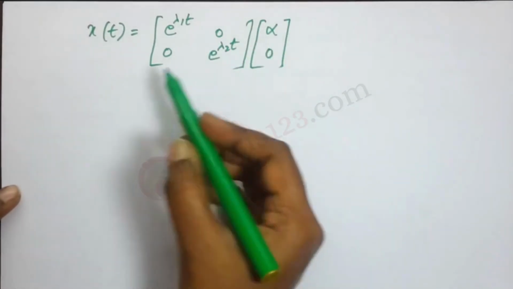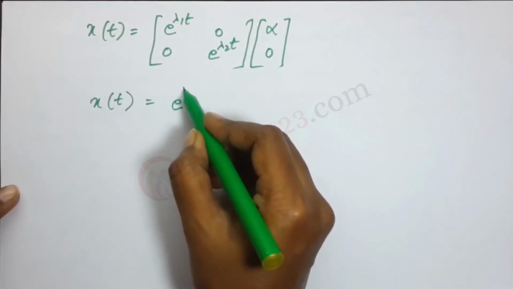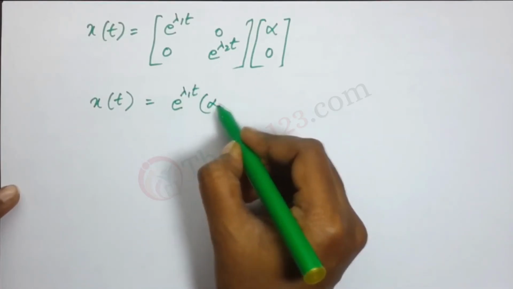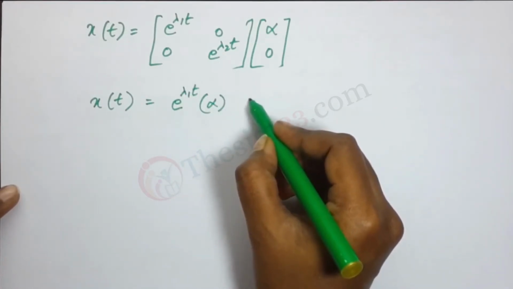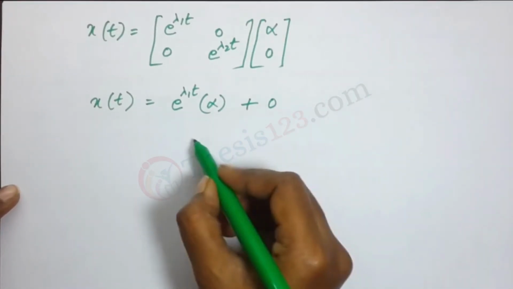Now if we multiply both of these matrices, we get e power lambda 1t times alpha plus 0. And the second element would be 0.